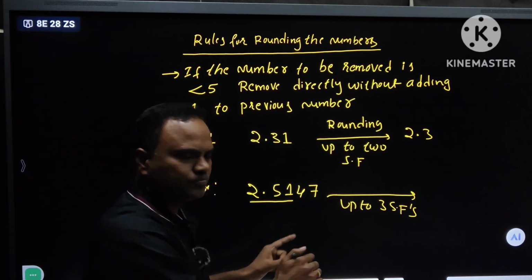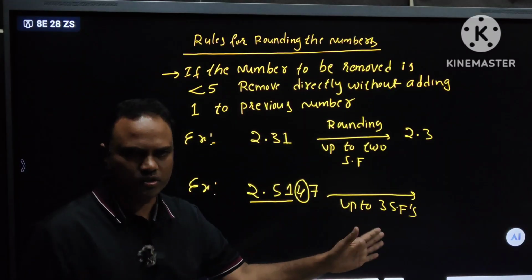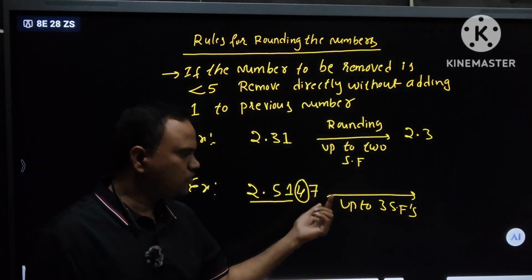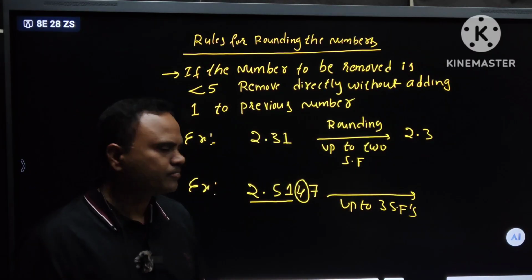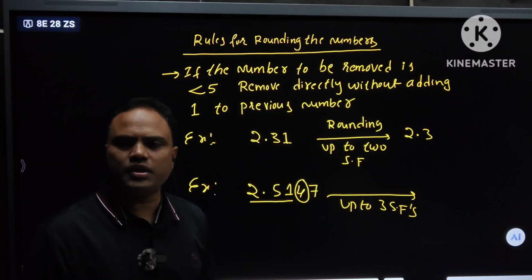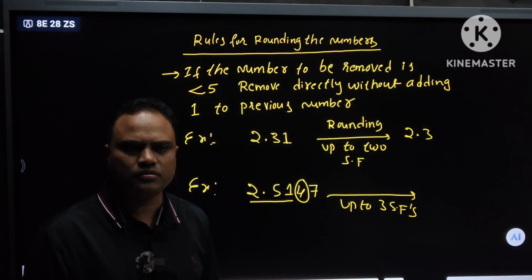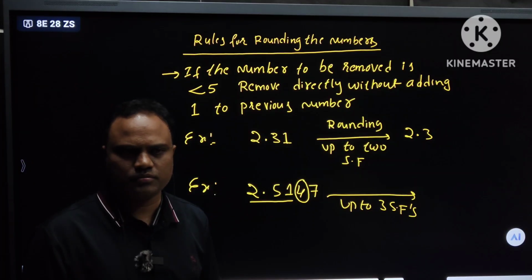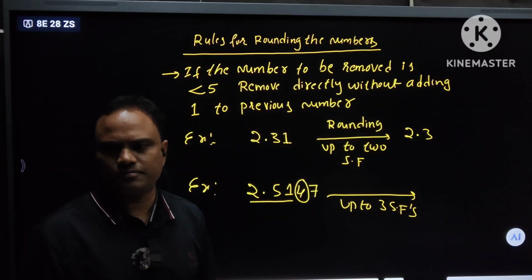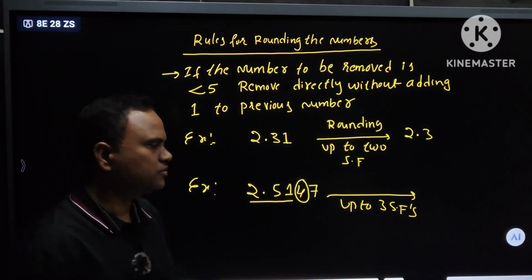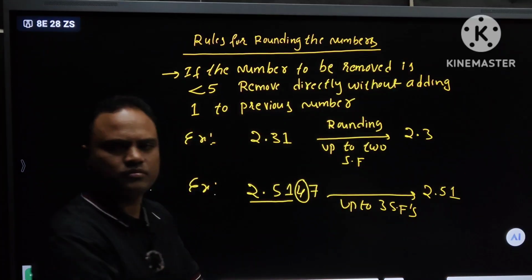Don't consider 7. The 4th digit you have to remove. Ignore 7, focus on 4 only. Is 4 less than 5 or greater than 5? We don't need to add 1 to the previous number. So the answer will be 2.51.